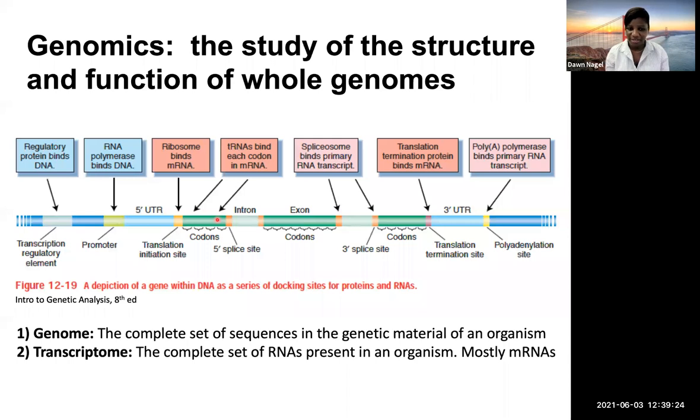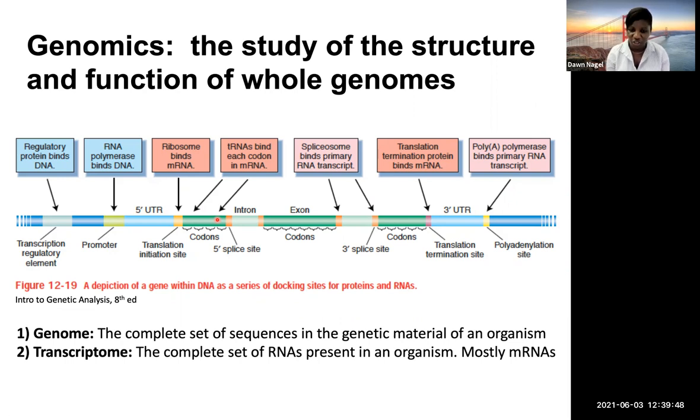We can dissect that and say we're looking at only the transcriptome. So those are only RNAs, only genes that have been transcribed. We're looking at all of the transcribed regions within the genome, all of the mRNAs. Most of this is messenger RNA that we're looking at.